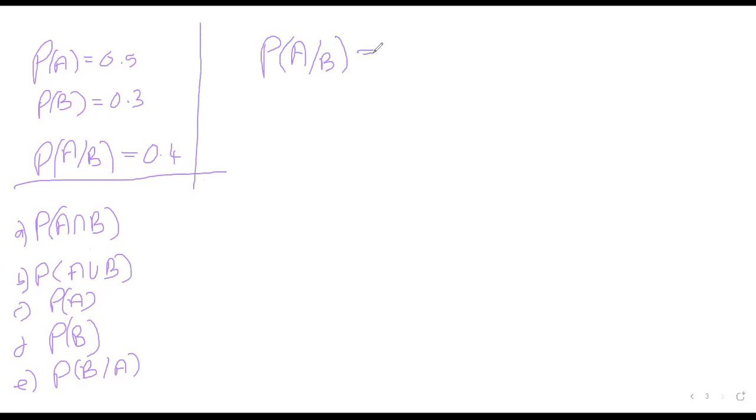What does it become? The probability of A intersection B over B. This one must always come there.